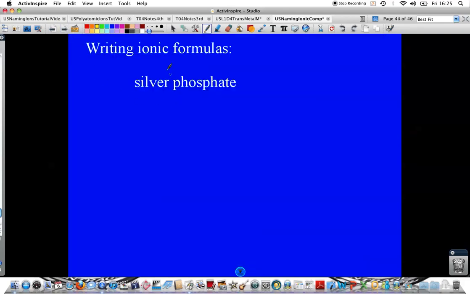Okay, silver phosphate. One thing we have to watch out for on transition metals is that there are some of them that don't form more than one ion, and so they don't use Roman numerals with those. Like silver is a +1, zinc is a +2, cadmium is a +2, and bismuth is a +3.